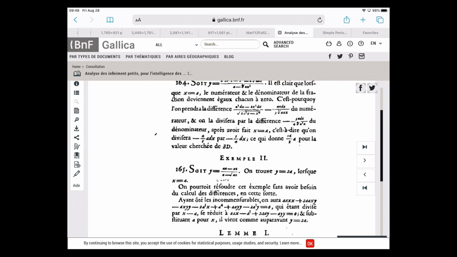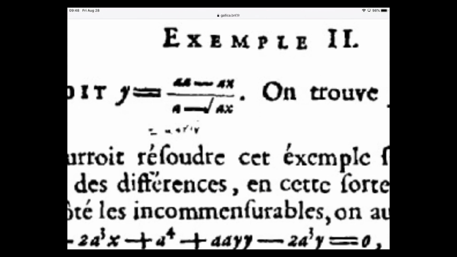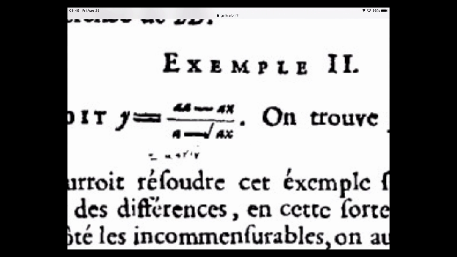This is actually a problem when you're reading historical sources. Let's look very carefully at the form that he wrote it in. How did I interpret the denominator? Is the x inside or outside of the square root? I think actually he's interpreting it as outside, which means we basically did the wrong problem.